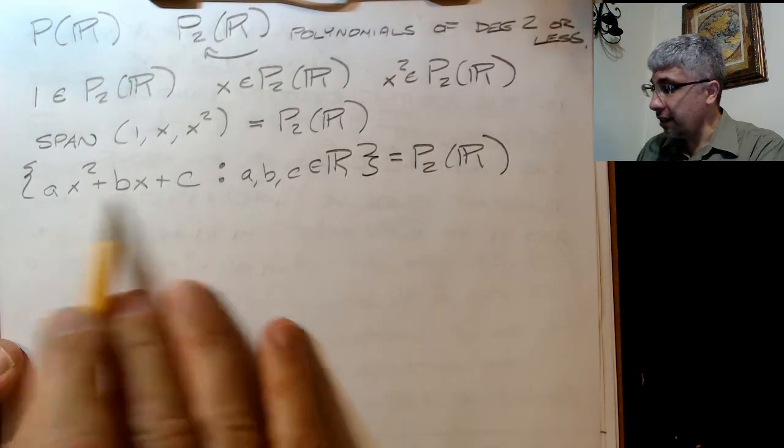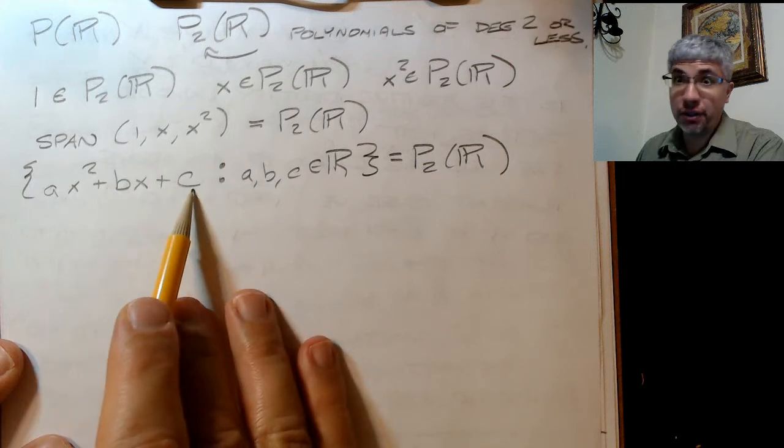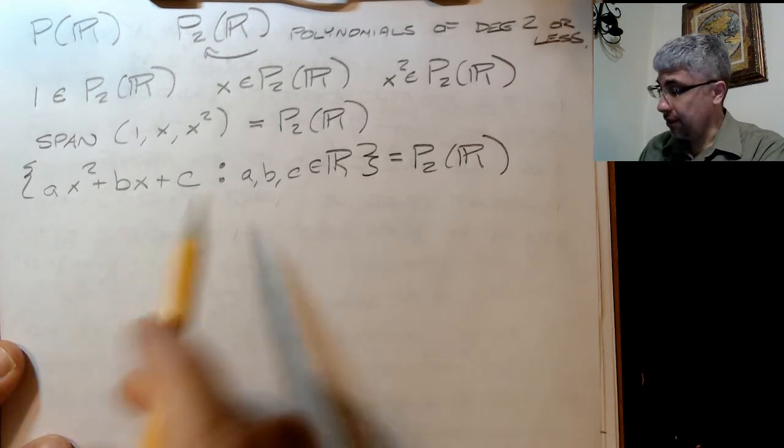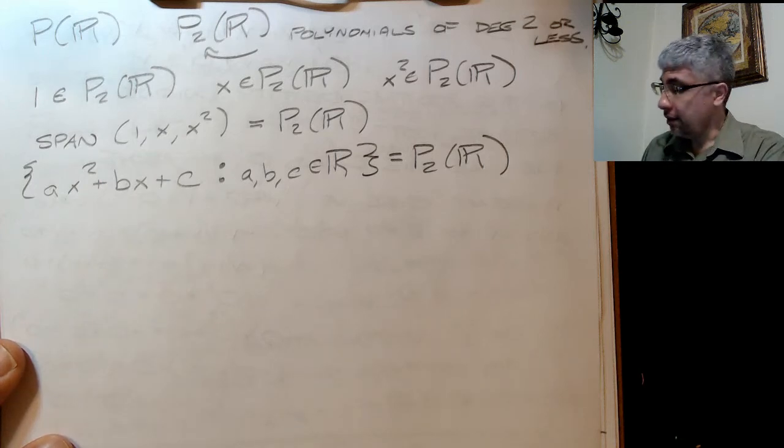So because of that, what do we have here? We have the span of three vectors: the vector x squared, the vector x, and the vector 1, because c times 1 is c.